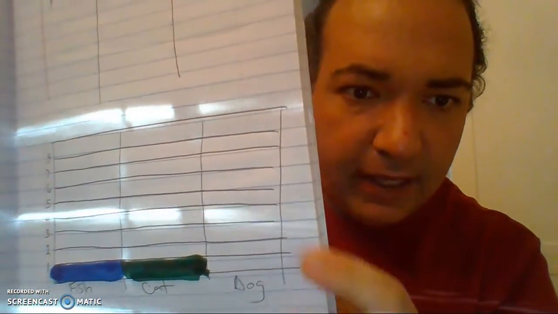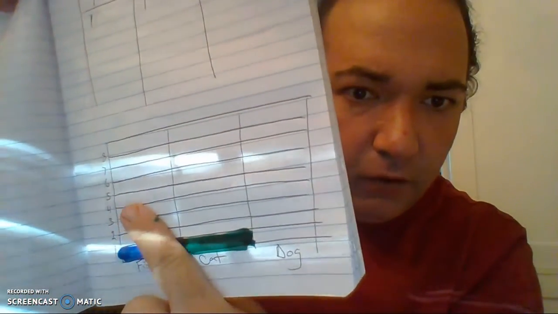And the last one is dog, and there were three people. I had three tally marks, so I'm going to go on my bar graph and color in three bars. I'm going to show you what that looks like. You see my number 3 over there, and I'm going to color across.